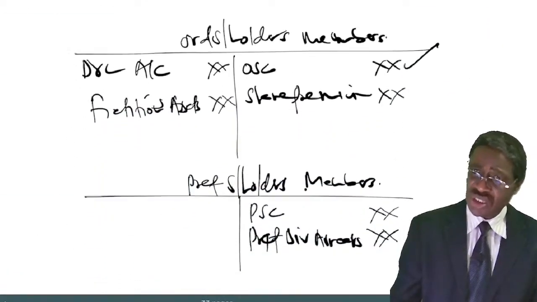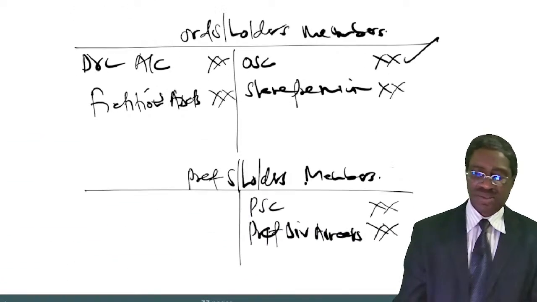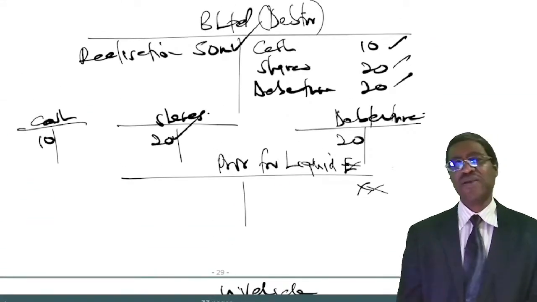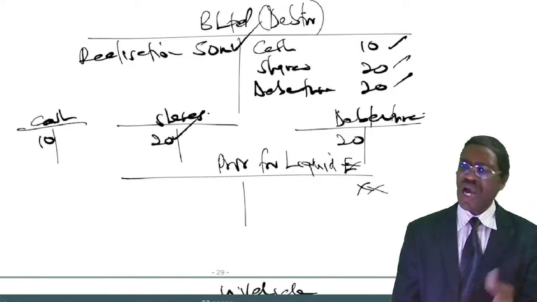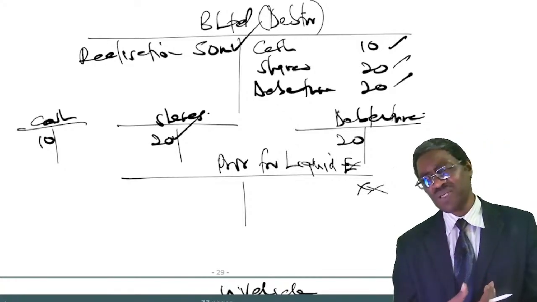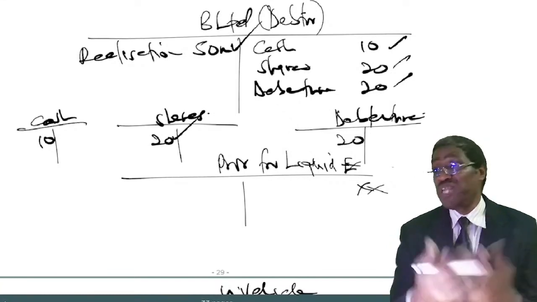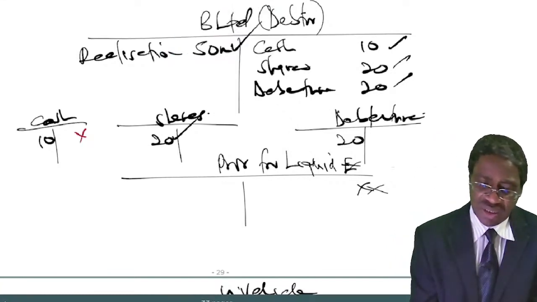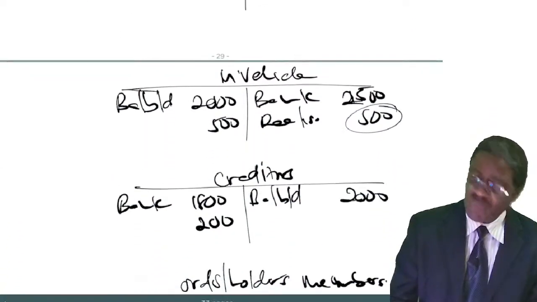You received cash of 10 million. The question will tell you how much of that 10 million you are giving to the preference shareholder. Could be they are getting everything. Just go and credit cash, and you debit the members now that you are paying them.